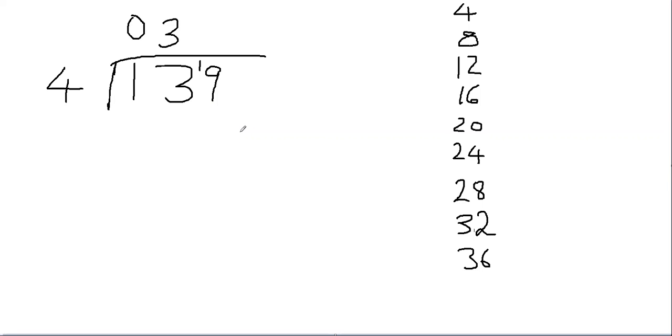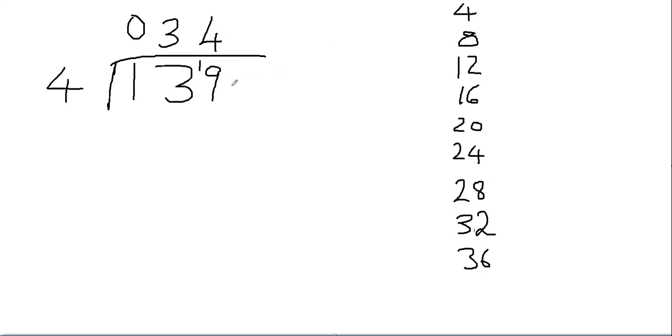Now we have to look at 19 divided by 4. Go back to 16. If you look at 16, you can tell that 4 times 4 is 16. 1, 2, 3, 4. 4 times 4 is 16, so 16 divided by 4 is 4.